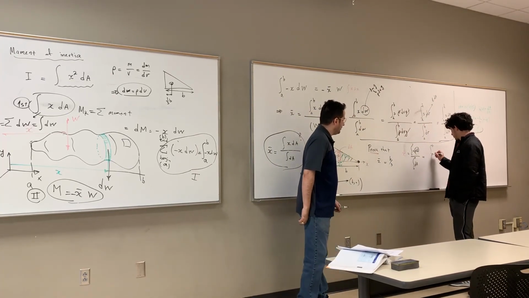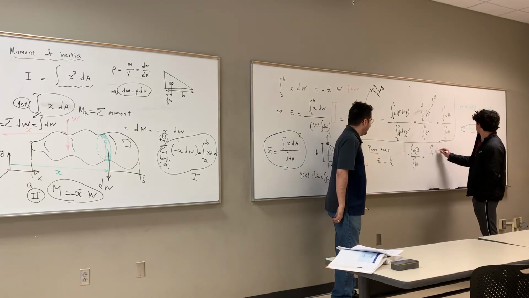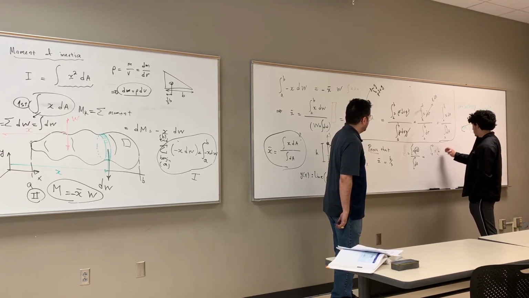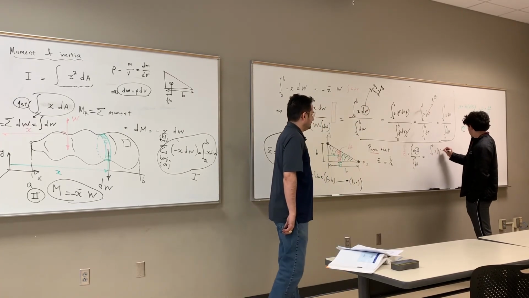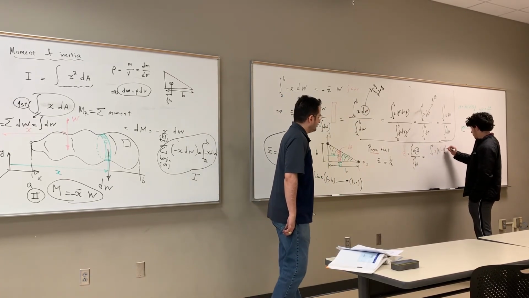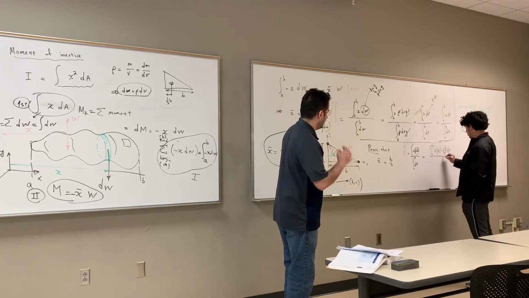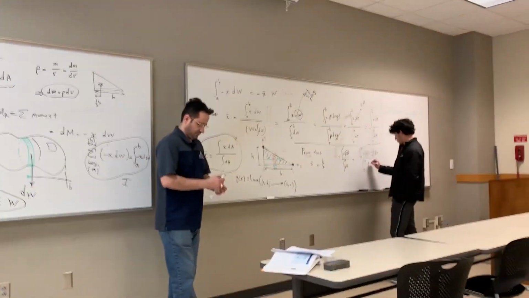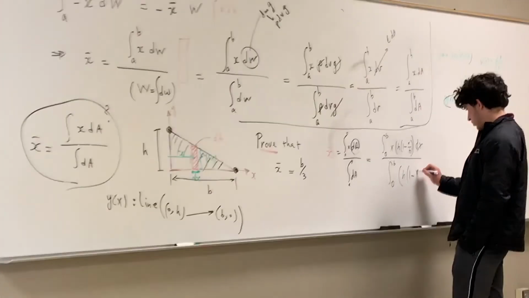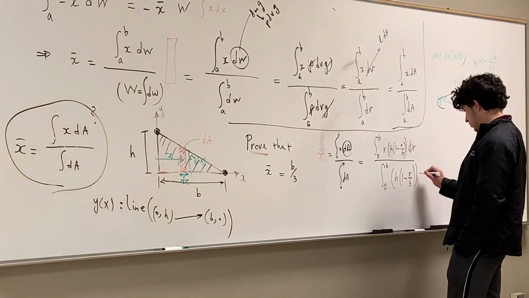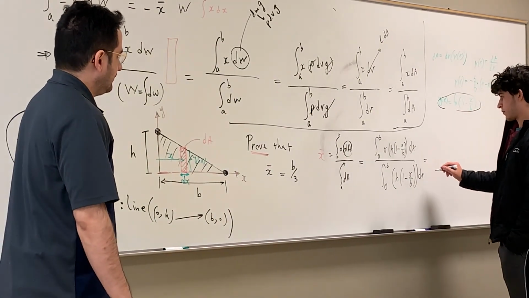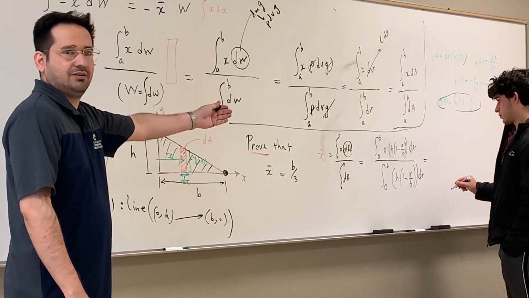So that's going to be from 0 to b, x times dA. Now this is just a matter of a simple integral.